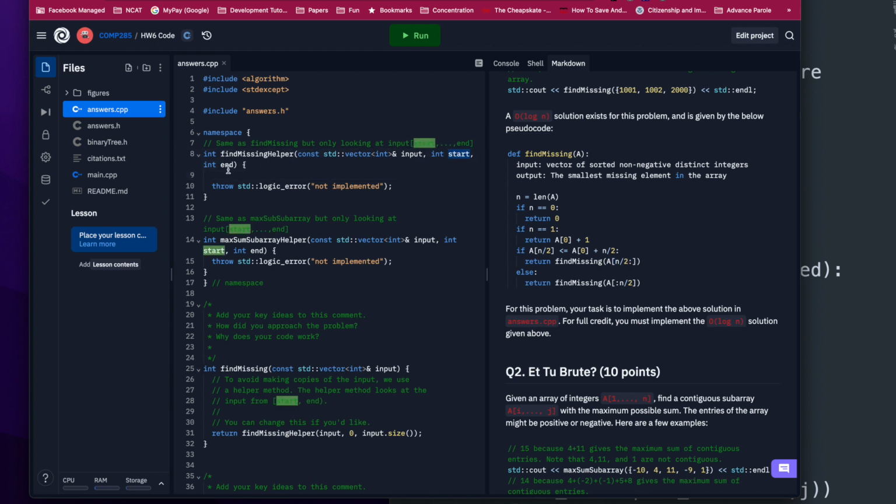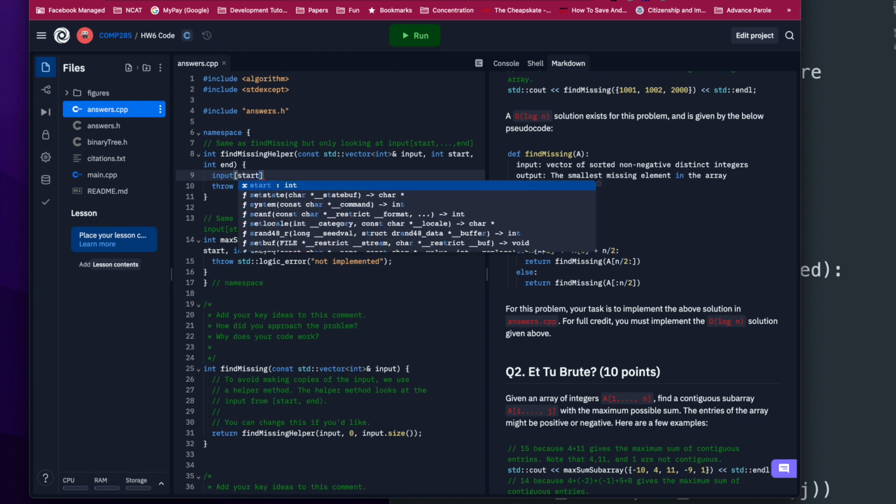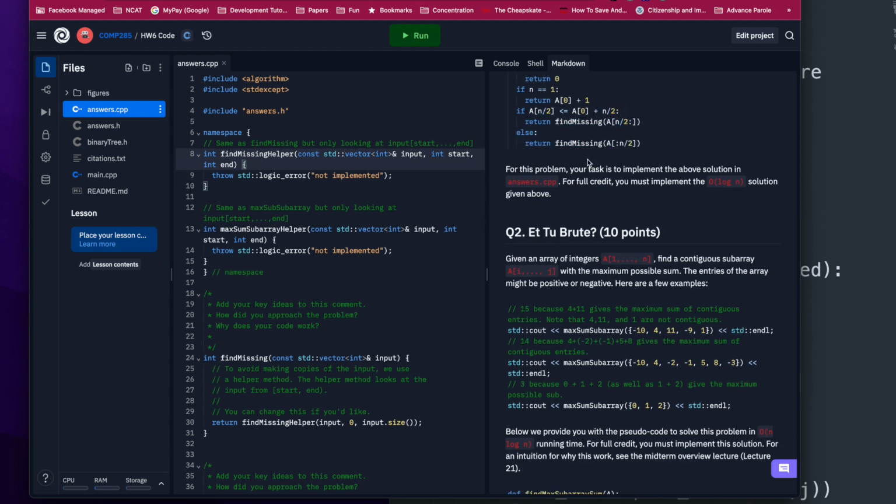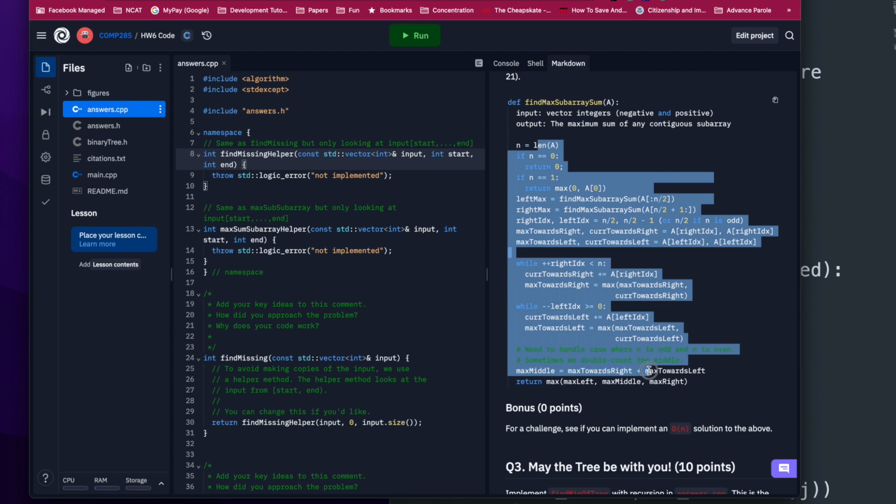We're actually using the start and the end values to tell us where to start and where to end at the thing we're looking at, which means that anytime you see an A0, that doesn't mean input 0, right? That actually means input start, because we're looking at the start position, right? Because we're starting on the start index. So if you do input 0, that's going to give you some issues, right? So that applies mainly for this one and also for the pseudocode here.